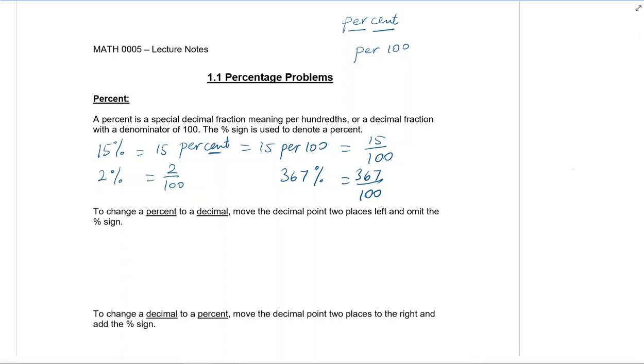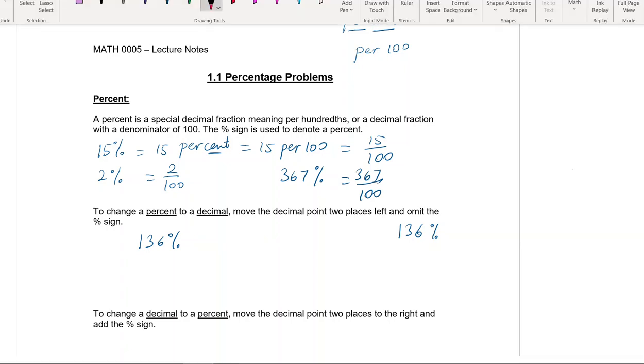And we can write a number in different forms. We can change between the forms. So if you have a percentage, for example, let's say we have 136%, we can change this percentage into decimal. In order to change the percent into decimal, we move the decimal 2 places to the left.